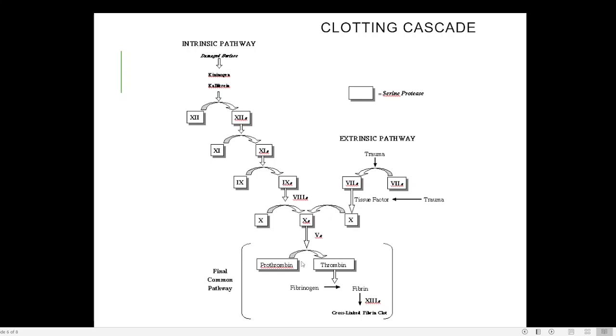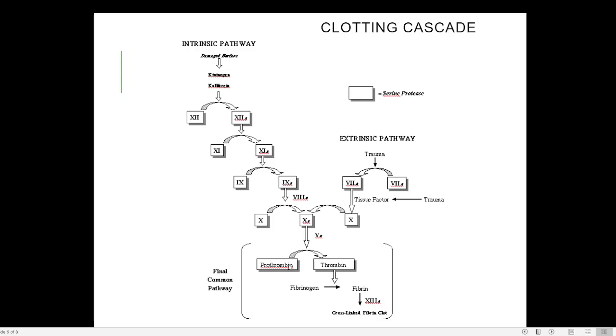Now here, thrombin is the enzyme, and thrombin is not normally present in the blood. Instead, thrombin is in an inactive form. That inactive form of thrombin is known by the name prothrombin.